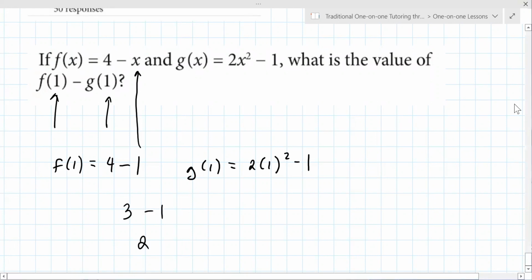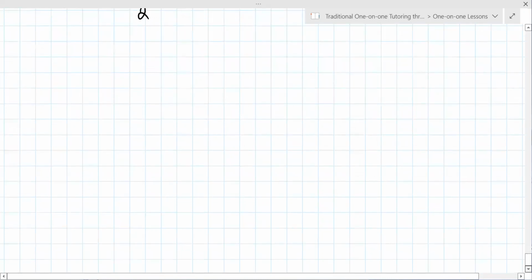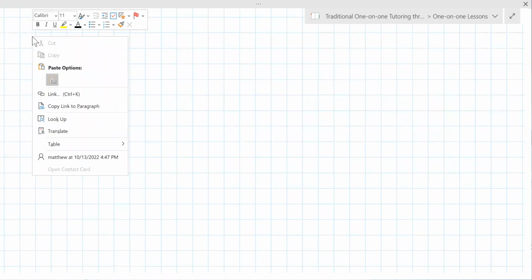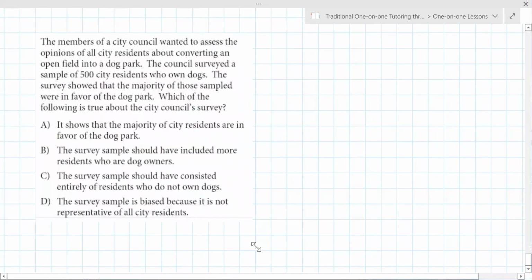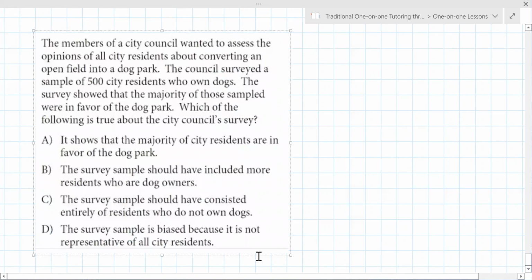All right, so let's look at another one of these awful questions with lots of words. All right, here we go. Go ahead and see if you can figure this out on your own, please. Which of the following is true about this council survey?